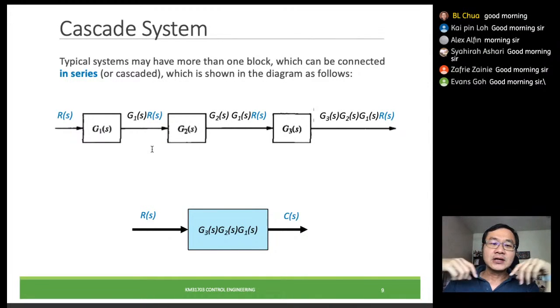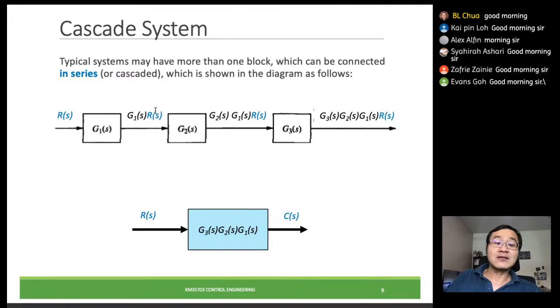Then also, it may happen that there are multiple blocks cascaded in a series, just like in this diagram, so you have G1, G2, G3, and so on. The signal that comes in to G1, when it goes through G1, the output of it will be G1RS.